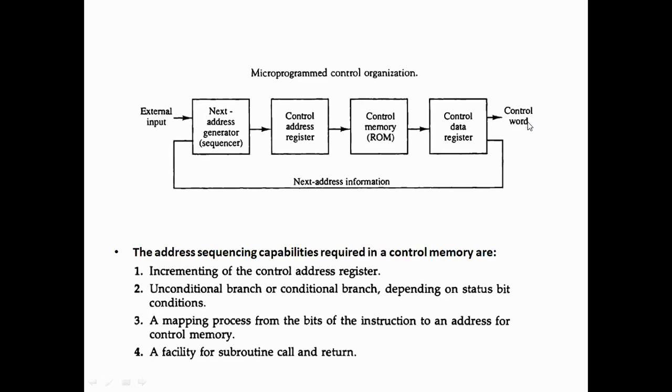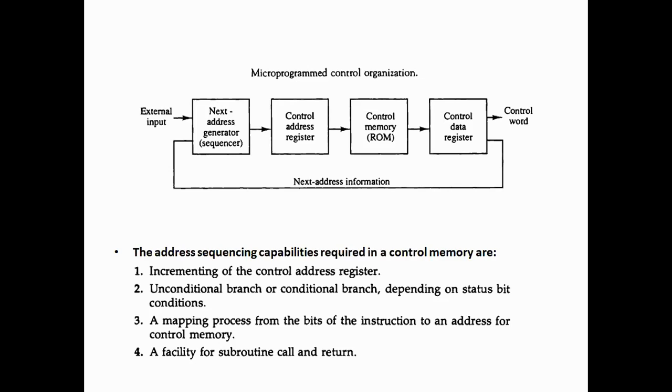Now when one fetch is done and we want to fetch the next micro instruction from the control memory, we need a next address, and this next address generation is also a job there, and it follows a certain process to generate the next micro instruction address.